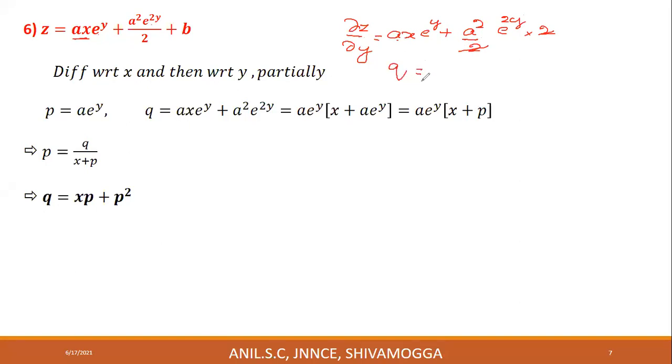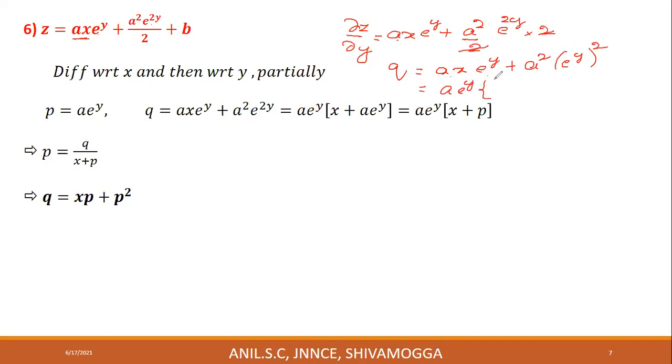And what is common factor here? Let's write like this: ax into e power y plus a square into e power 2y, meaning e power y whole square. Now tell me what is the common factor? A into e power y is common in both the terms, so keep it outside.